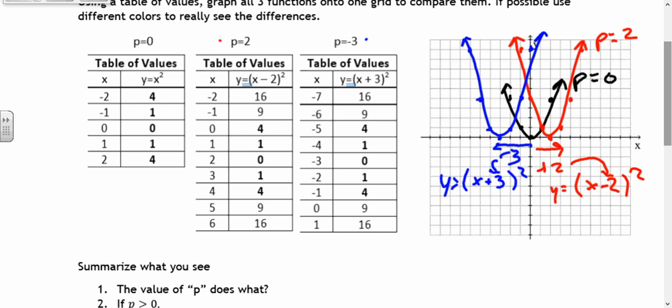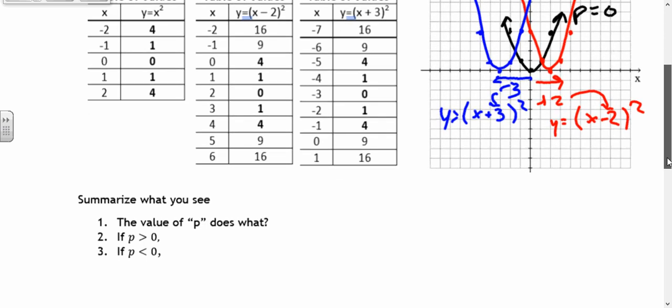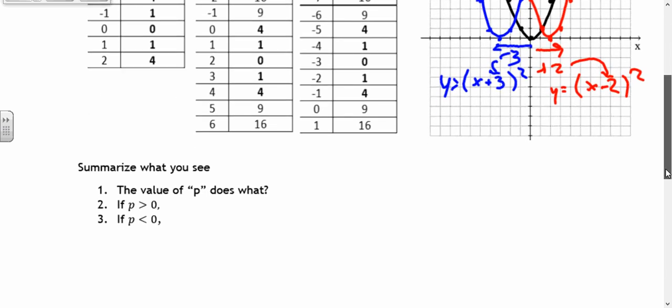When we remember our transformations, we should always remember that our x values get a flip and our y values stay the same. So the value of p does what? It shifts our graph left-right.